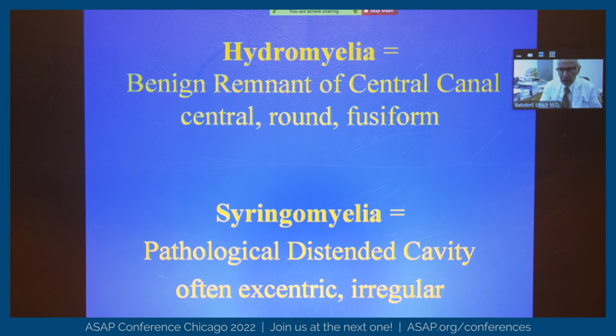And when I see a patient who has symptoms and the only finding on imaging is a residual central canal, I look for other causes of their symptoms. And I can tell you that in my practice, because radiologists often use the term syringomyelia for this residual central canal, it is a not uncommon finding in patients I see these days. Next, please.